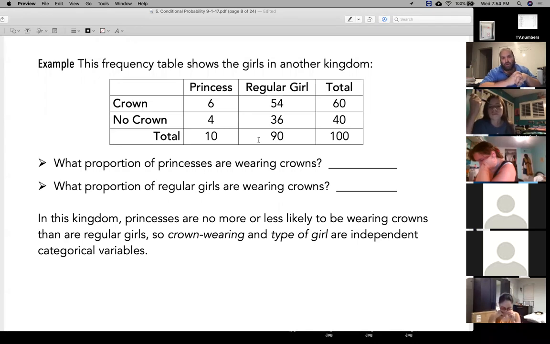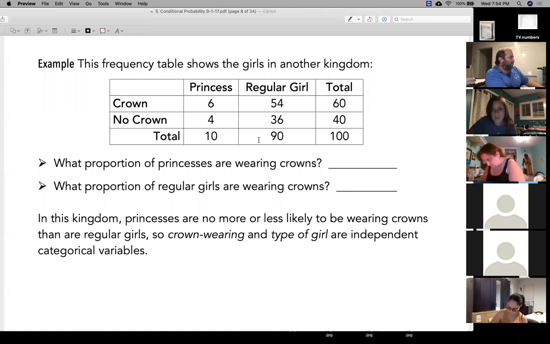Now, what proportion of princesses are wearing crowns? In other words, if we only look at the princesses, what proportion of princesses? 6 out of 10. Do you agree with that? Yes. So 6 out of 10 princesses are wearing crowns. And what proportion of regular girls are wearing crowns? 54 out of 90.